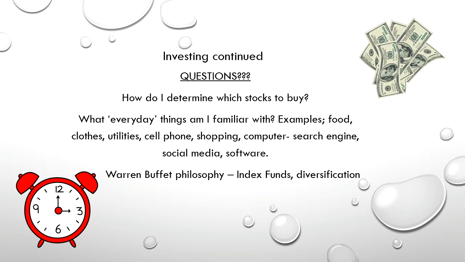And I know that you can name specific companies that pertain to each of these areas, whether it be Google or Amazon or Costco or Verizon or AT&T, Facebook, just to name a few.